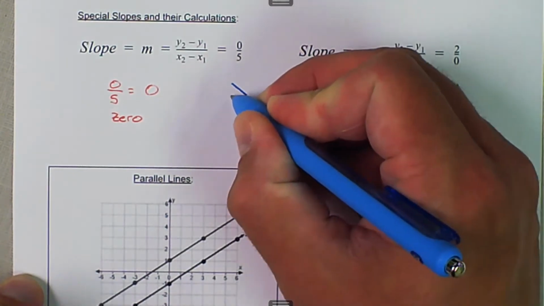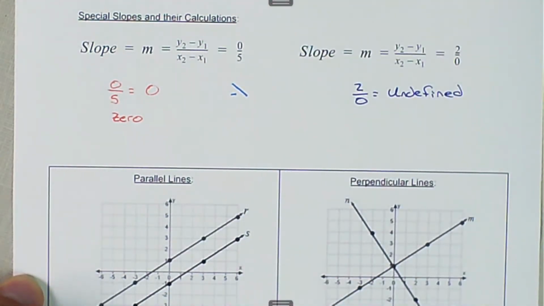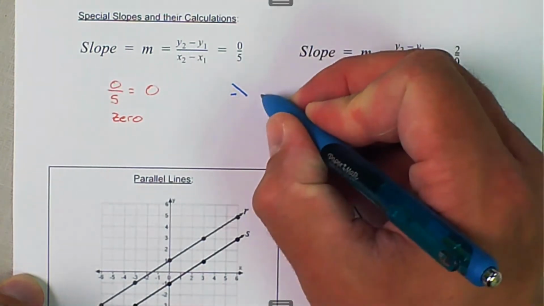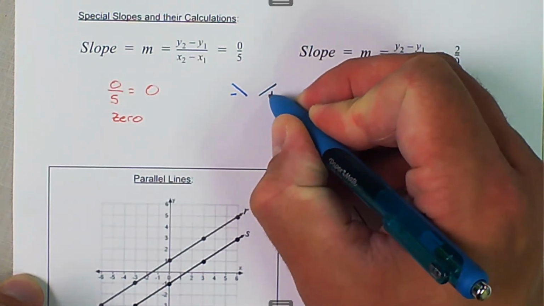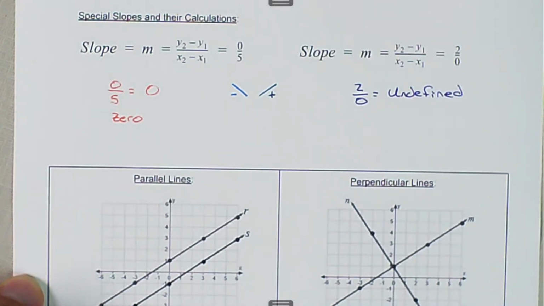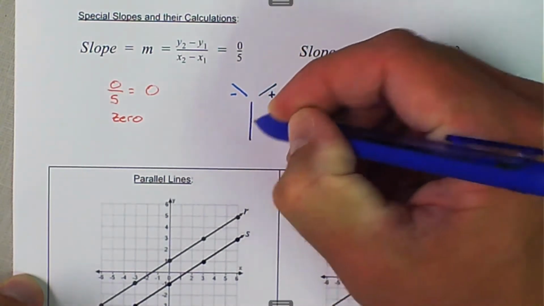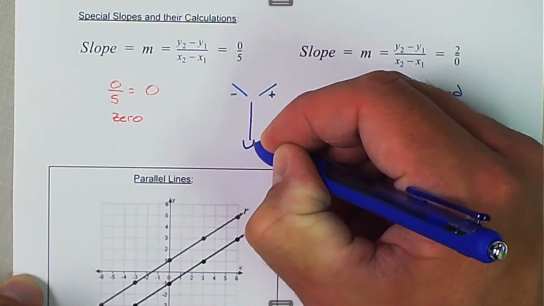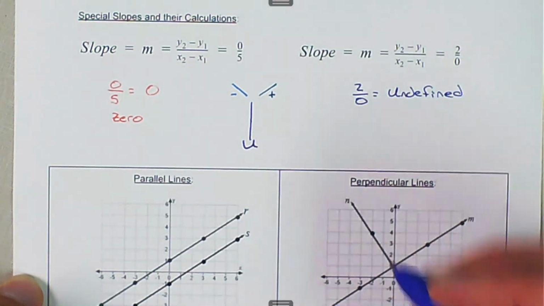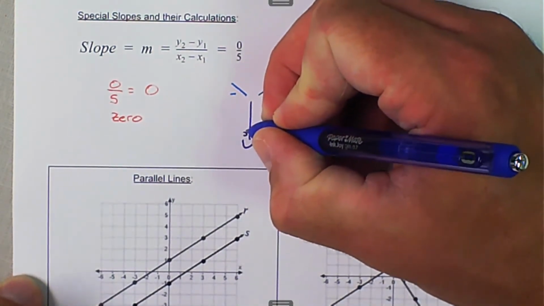Remember, we can have a negative slope, we could have a positive slope, we could have an undefined slope, and the undefined goes straight up and down, and then we put that U at the bottom, and it kind of looks like a nose. So that one is undefined.